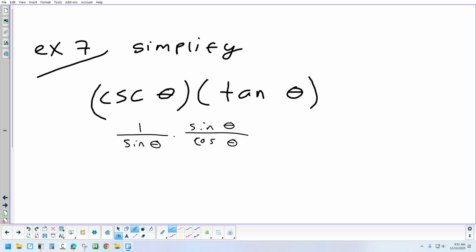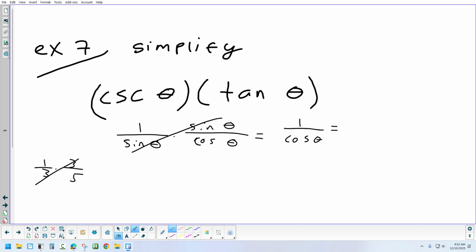What's going to happen when we multiply those two things together? The sines cancel out. It's just like multiplying 1/3 times 3/5. Those cancel out. What are you left with? 1 over cosine.